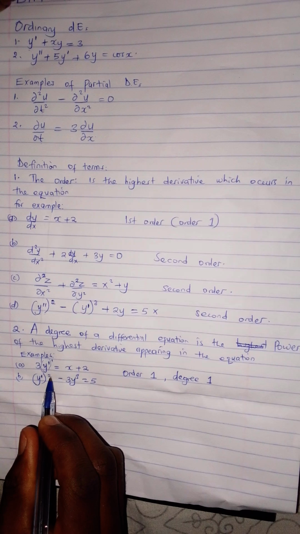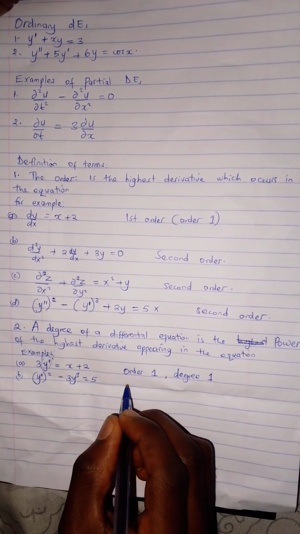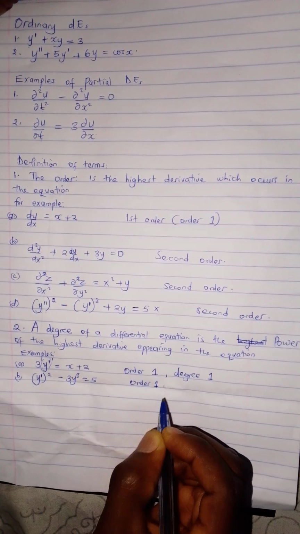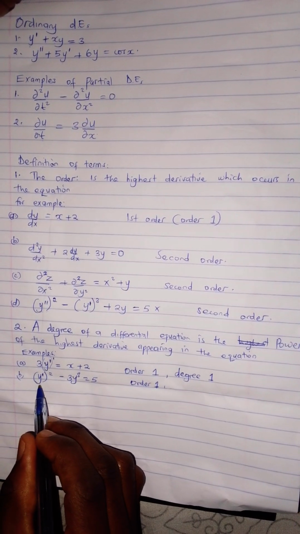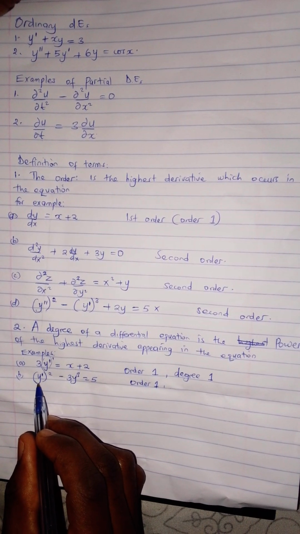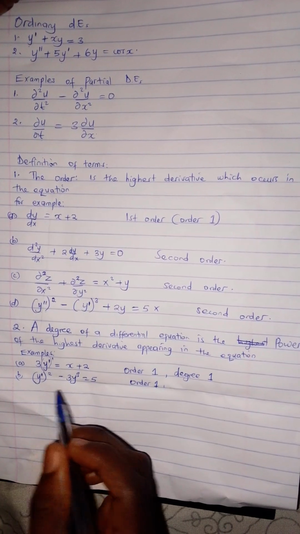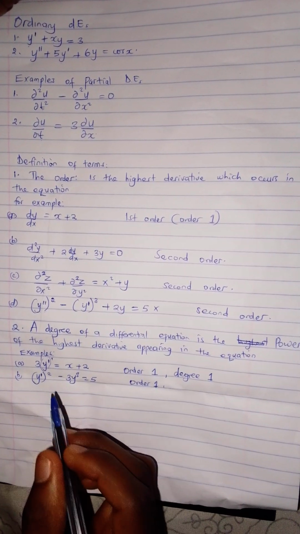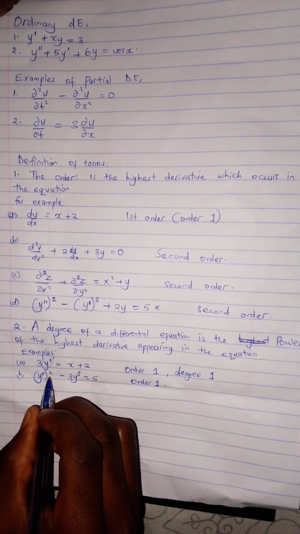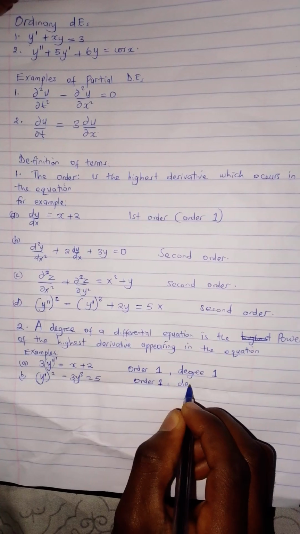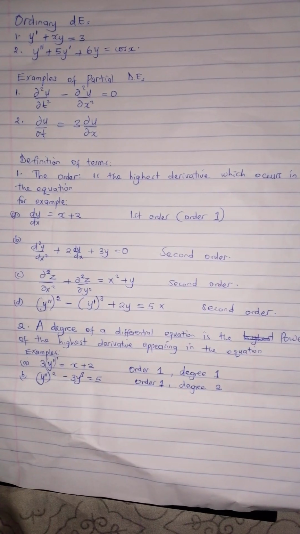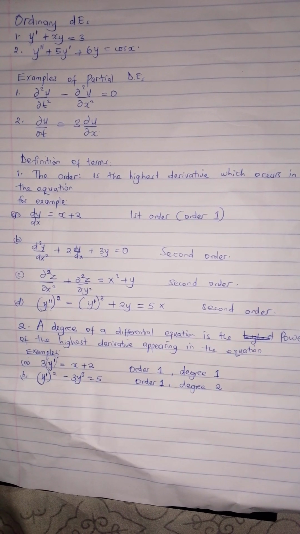So we say this one is order 1 because it is the highest derivative. Then for our degree, you look for the power of the highest derivative, which is 2. This is power 2. So we say degree 2.